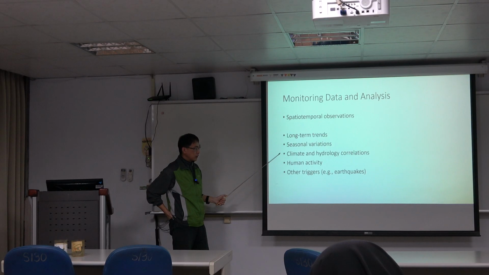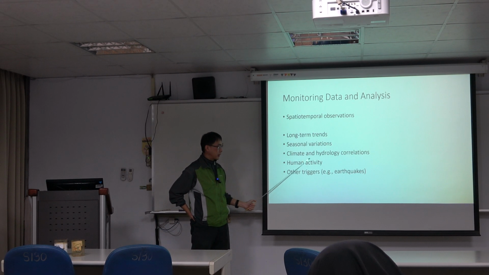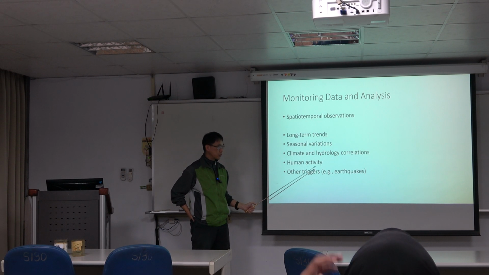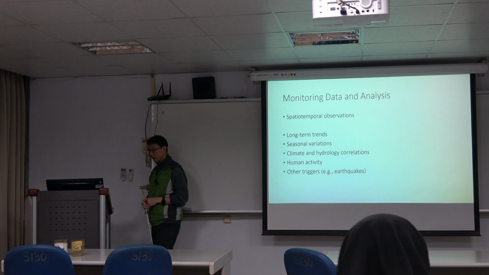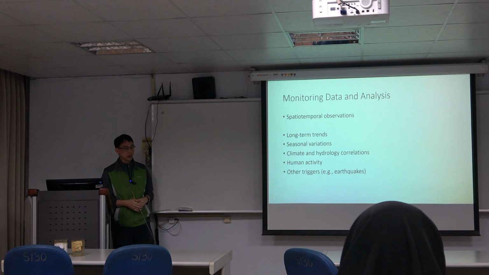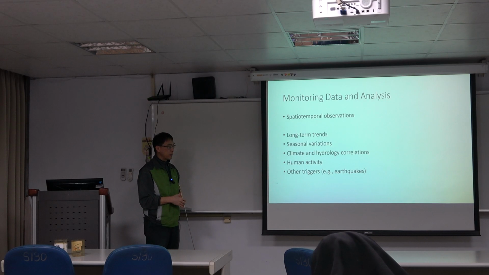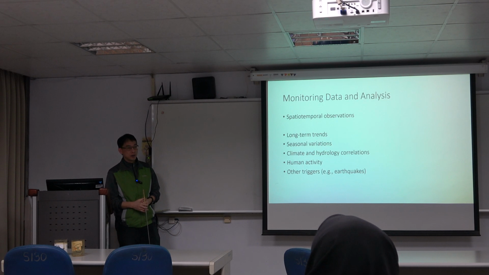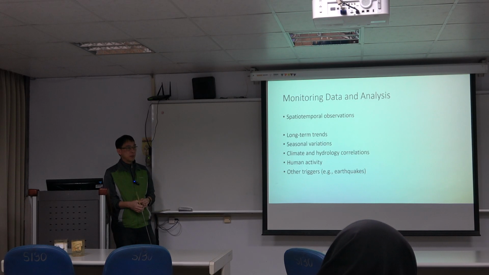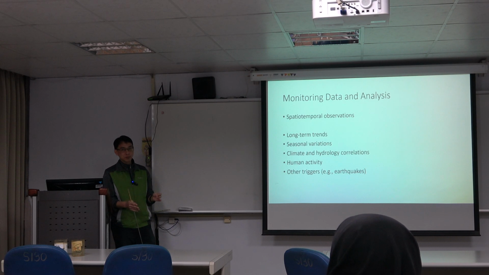And finally, I also want to state some others, like climate and hydrology correlations. Some interesting issues are that groundwater is affected by the climate and also the hydrology. For the climate issues, barometric pressure affects the groundwater system. Commonly it might reach several centimeters, although not large.